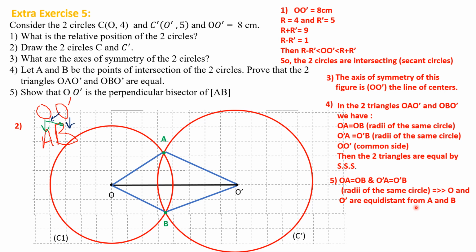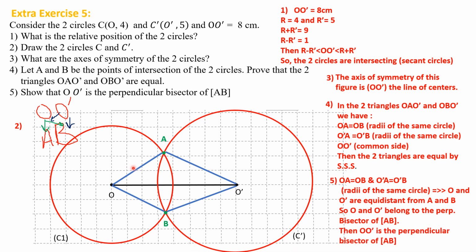So we can say that O is equidistant from A and B, and O prime is equidistant from A and B. So, as a result, we can say that OO prime is the perpendicular bisector of the segment AB.